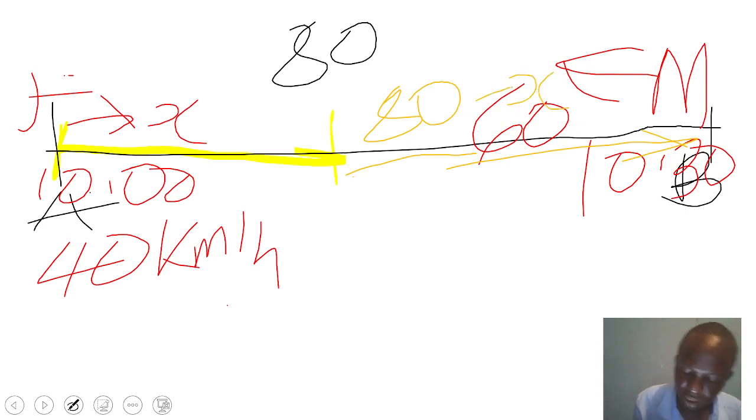The distance that Mutuku traveled is 80 minus x. The distance that Juma traveled is x.